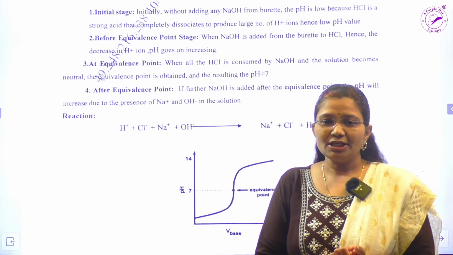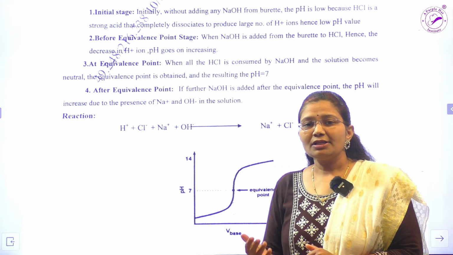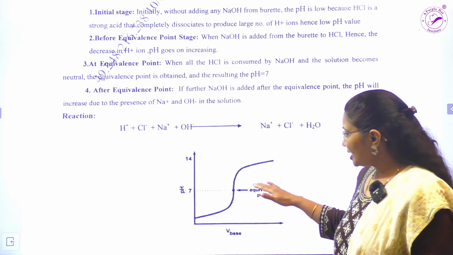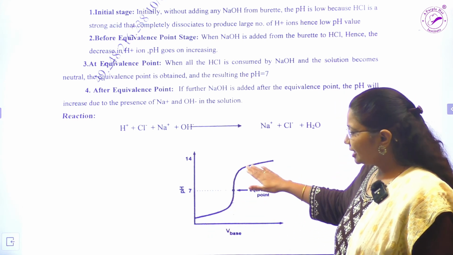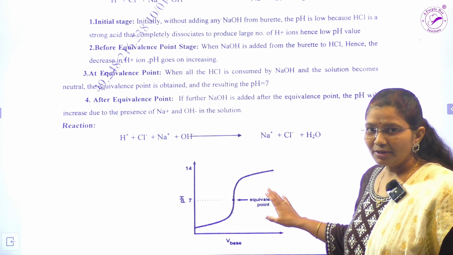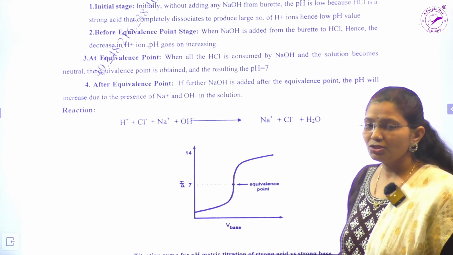The neutral solution has pH 7, and the basic or alkaline solution has pH 7 to 14. So because of that the pH value keeps increasing, and this is how you can see the graph, that is strong acid versus strong base. So this is the pH metric titration, strong acid versus strong base.